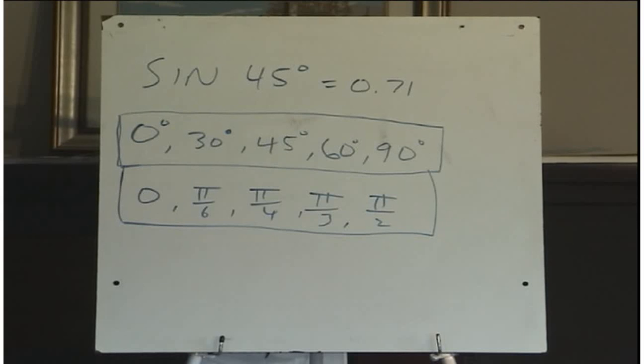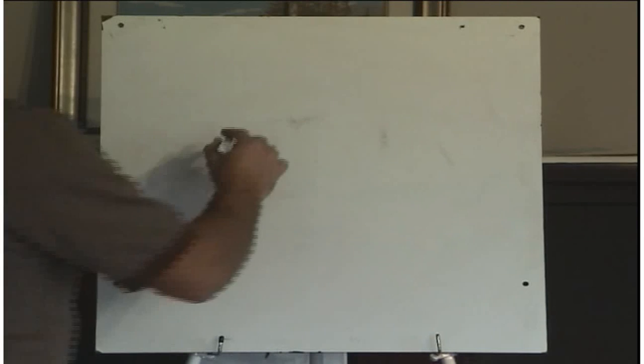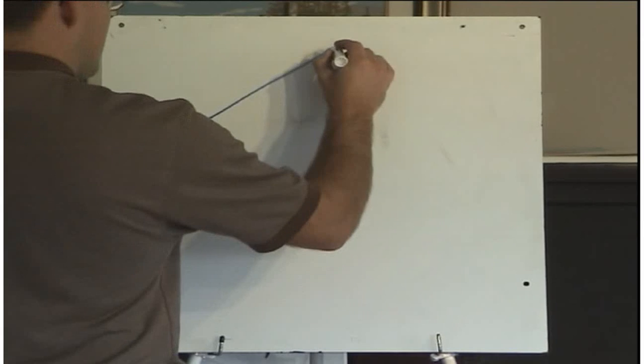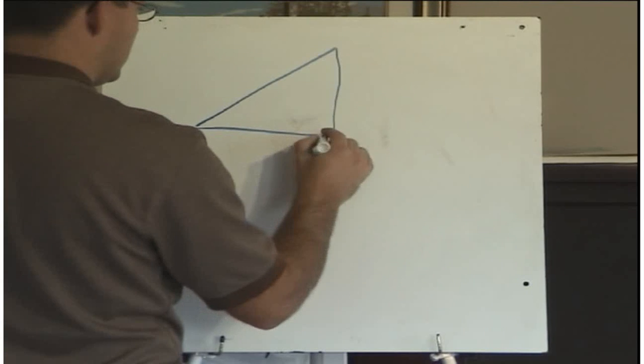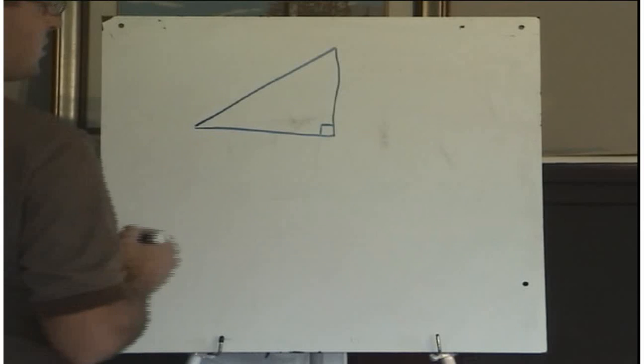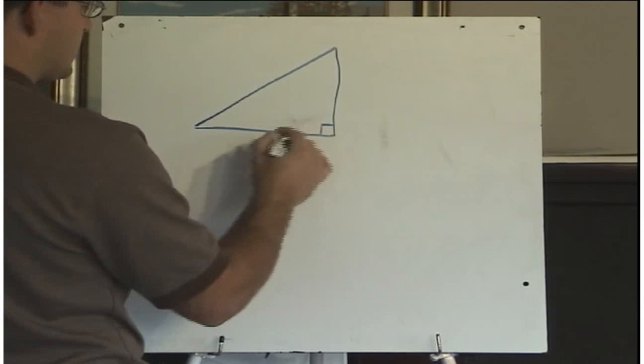So let me show you how we can find out what the exact trig ratios are for those functions without a calculator. I'm going to draw a triangle here. I'm going to make this an isosceles triangle. I'm going to make it a 90-degree triangle, so an isosceles right triangle.